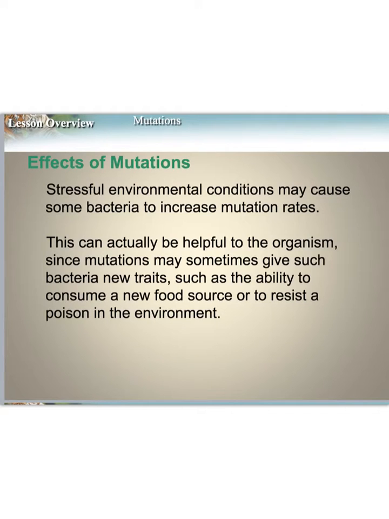Stressful environmental conditions can cause some bacteria to increase mutation rates. This can actually be helpful to the organism, since mutations may sometimes give such bacteria new traits, such as the ability to consume a new food source or to resist a poison in the environment.